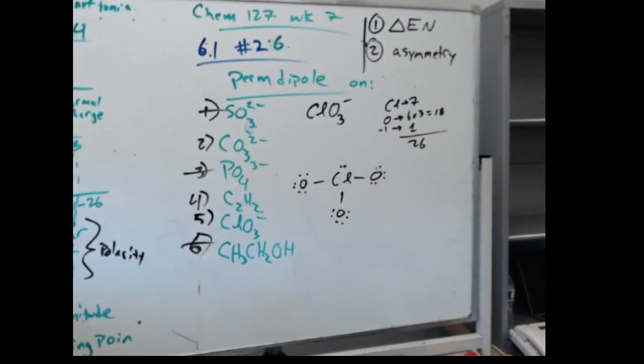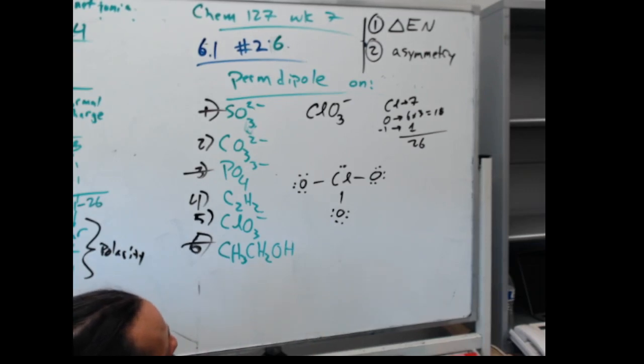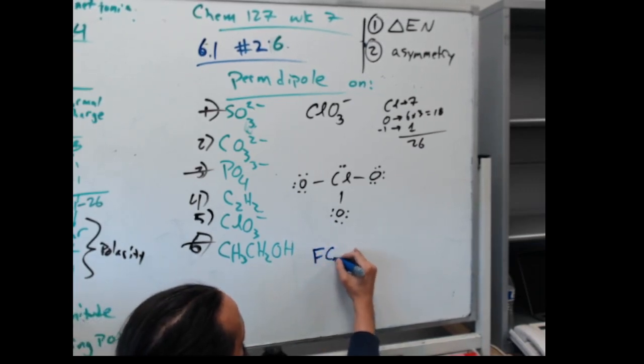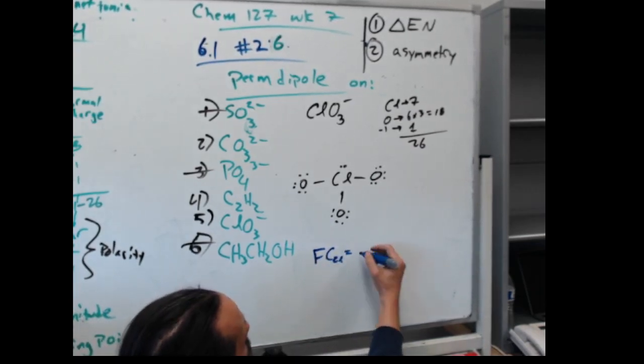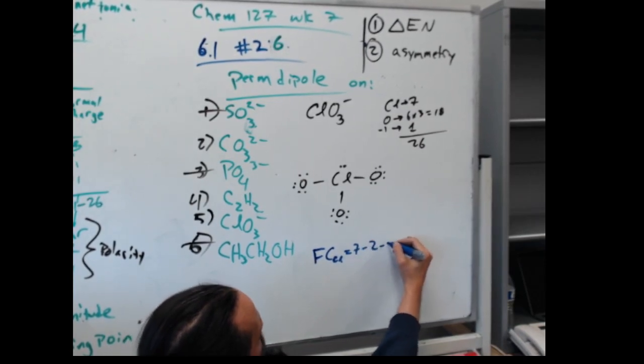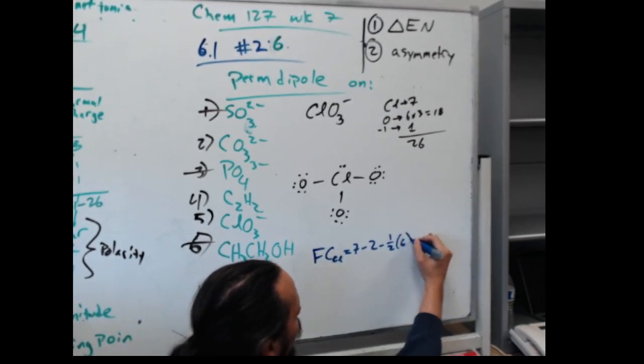Now there's going to be a lower energy way to do this. This is pretty similar to what we saw with SO3, where I first drew it like this and I was like, oh, formal charge suggests there's a better way to do it. And we can tell if I look at the formal charge of that chlorine in the middle, I'm going to have 7 minus 2 minus a half of 6.